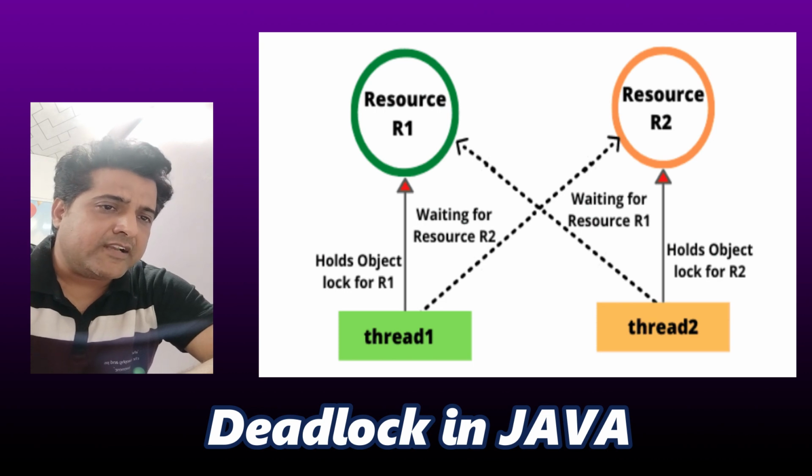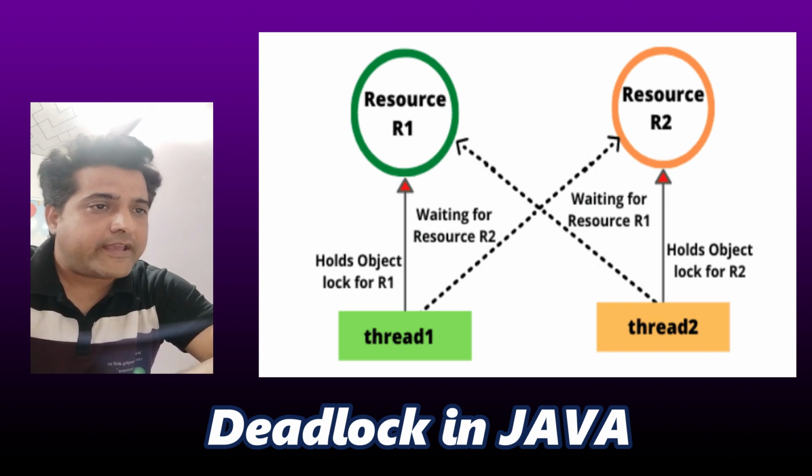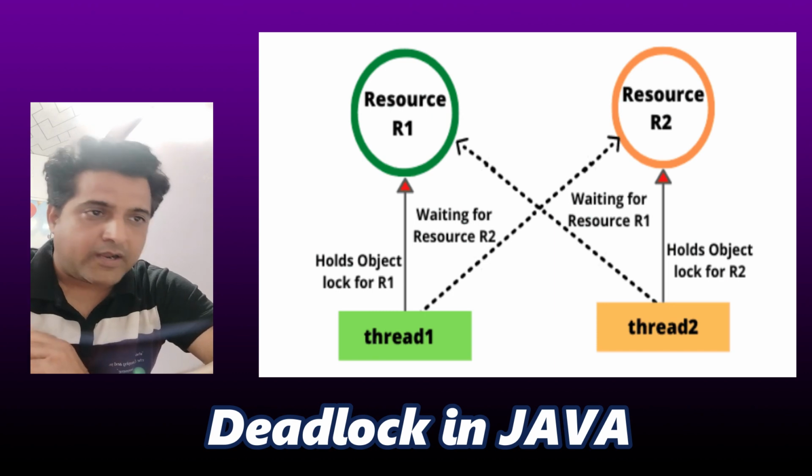Thread 1 is waiting to get resource R2, which is locked by thread 2, and similarly thread 2 is waiting for resource R1, which is held by thread 1. So both threads are waiting for each other. This situation is a deadlock in the program.